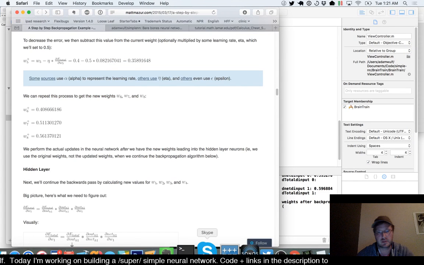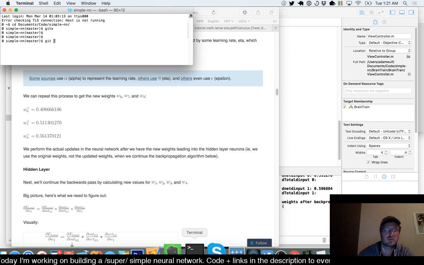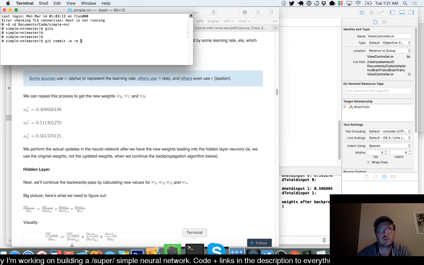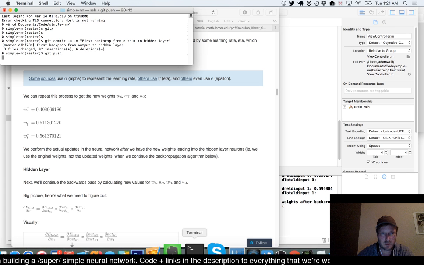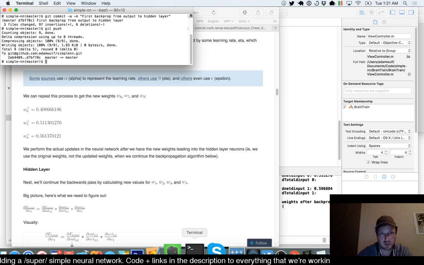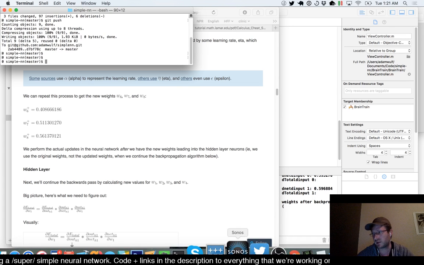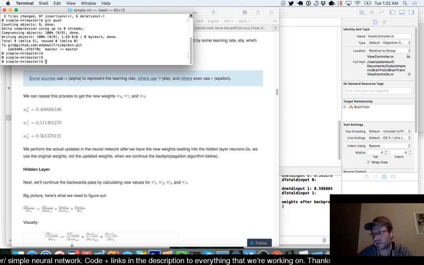Now we have all that, so let's commit that real quick. First back pass from output to hidden layer, right? So if you're following along on the code, I just pushed that code up. The code is in the repository, so you can look in the comments and stuff, which is pretty great.